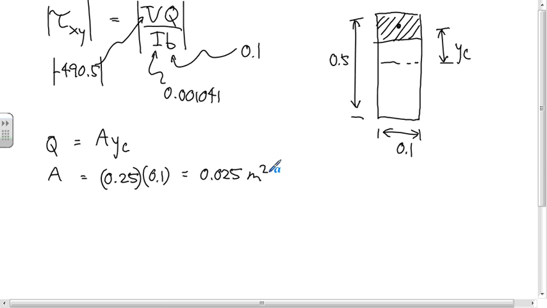And what's YC? So it's 0.25 plus another 0.125, so YC is 0.375, right? And so Q is equal to 0.025 times 0.375.